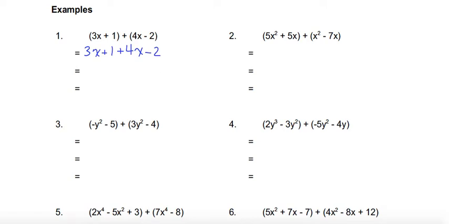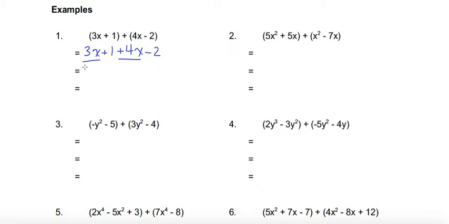And this could be one of those things where you want to look at highlighting or underlining your like terms. So I can underline my x's, so I have 3x, and underline my positive 4x, and then not underline my constants.